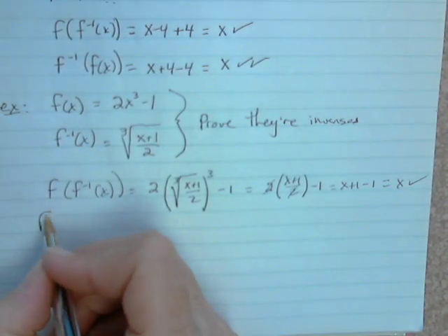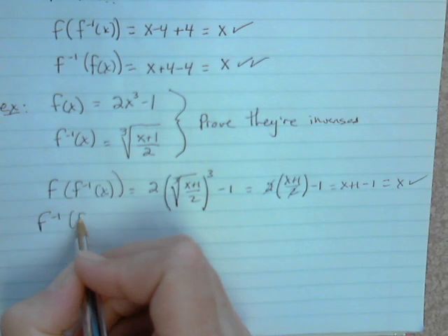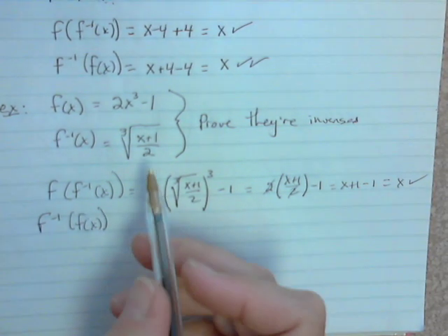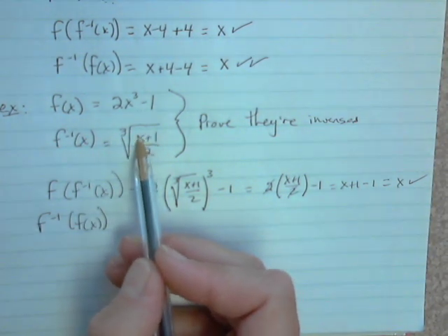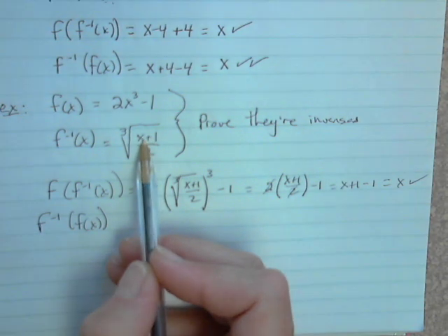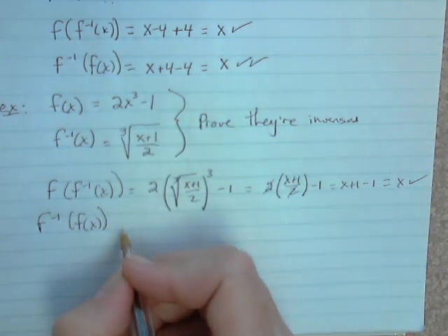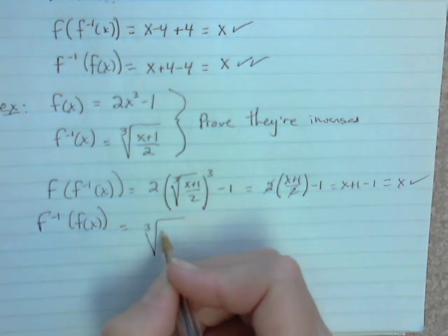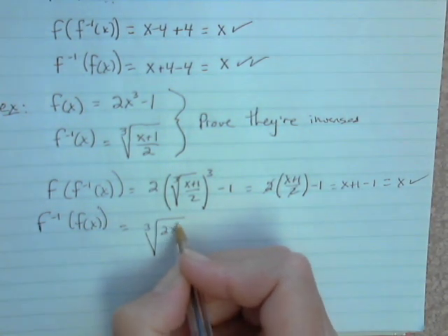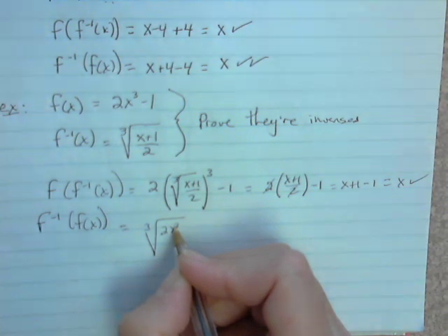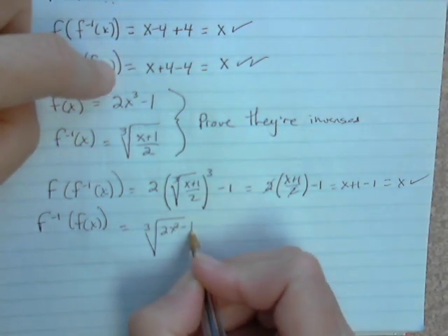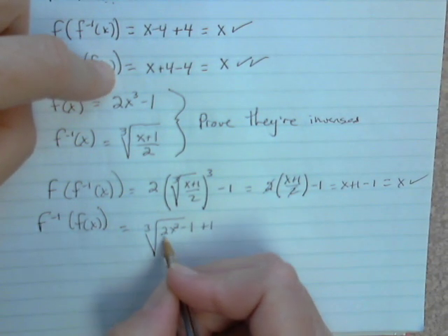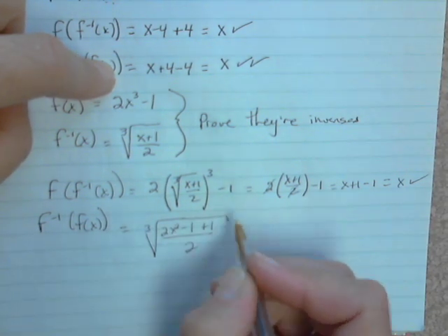And the second half of the proof is to do f inverse of f of x. So in the f inverse function, you take away that x and you replace that x with 2x cubed minus 1. So we're going to take the cubed root of (2x cubed minus 1 plus 1) all over 2.